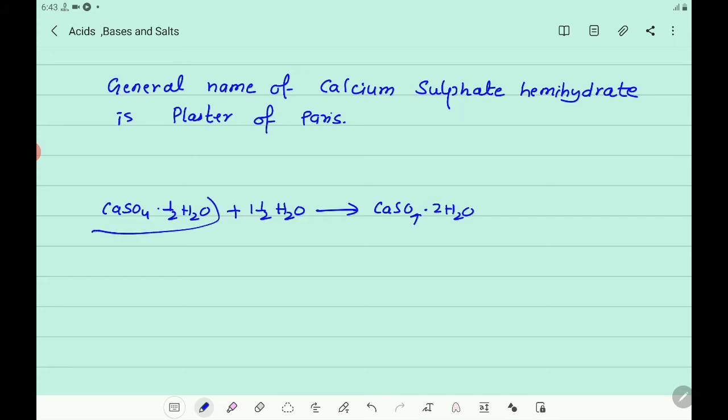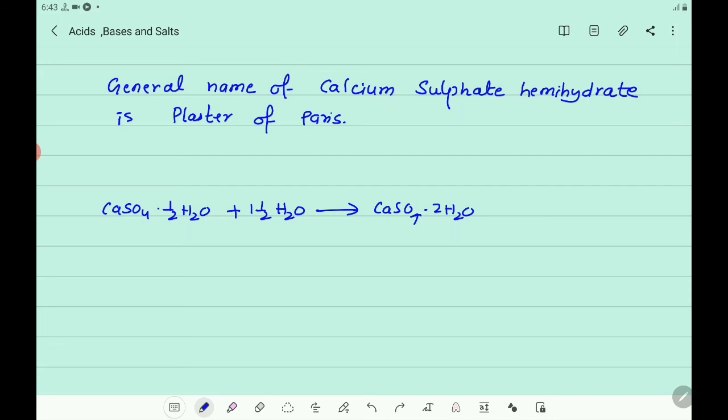This is plaster of Paris and this is gypsum. When gypsum is dehydrated, you get plaster of Paris. When plaster of Paris is hydrated again, you get gypsum.